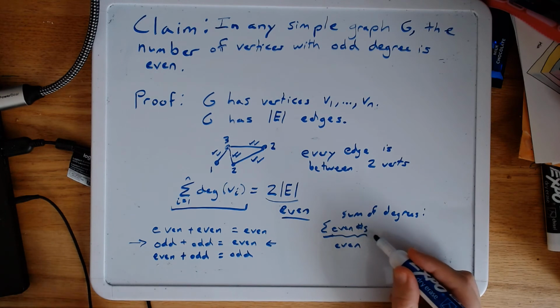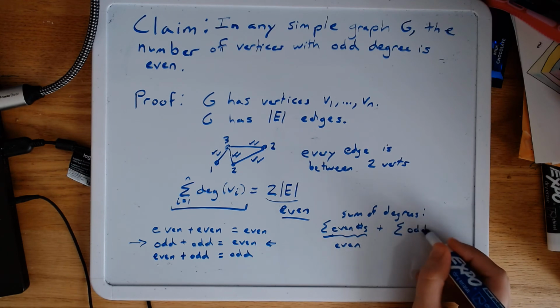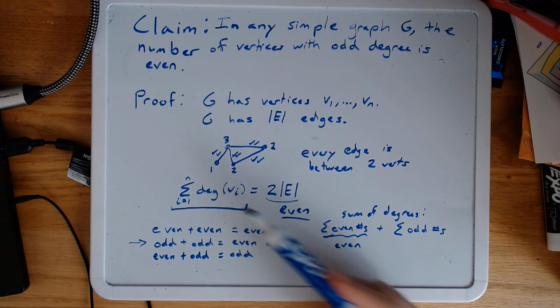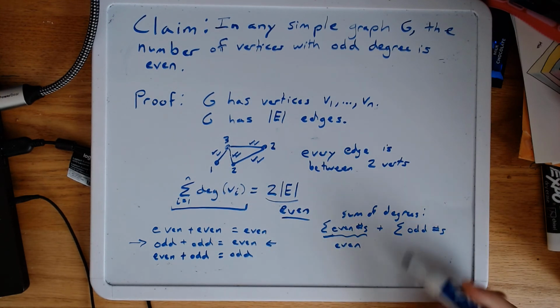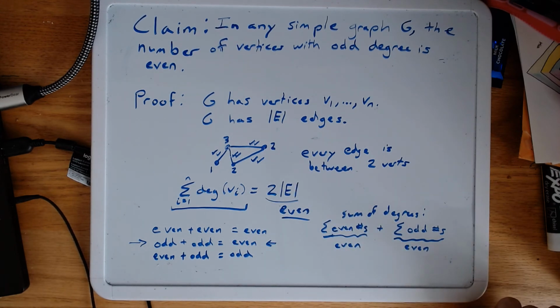These are all the vertices with even degree. And now we're looking at the sum of odd numbers, the sum of the degrees of vertices with odd degree, right? We need this to also be even for us to get an even number at the end.